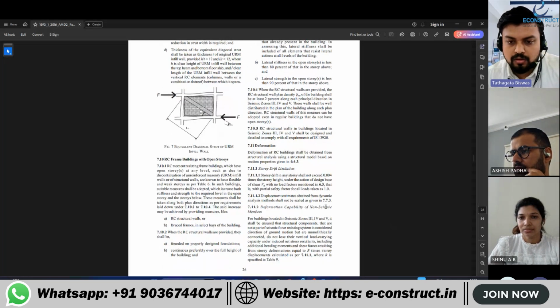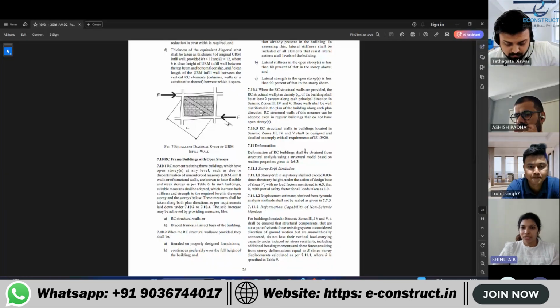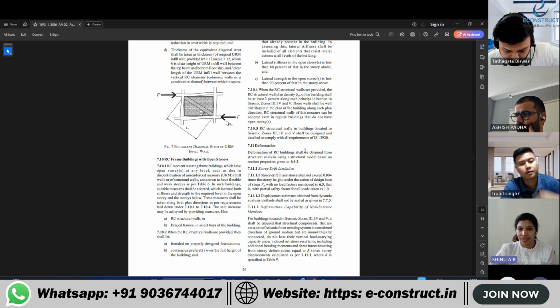Deformation. Deformation of RC buildings shall be obtained from structural analysis using a structural model based on section properties given in 6.4.3. 7.11.1. Story drift limitation.